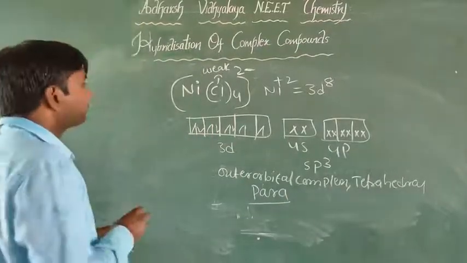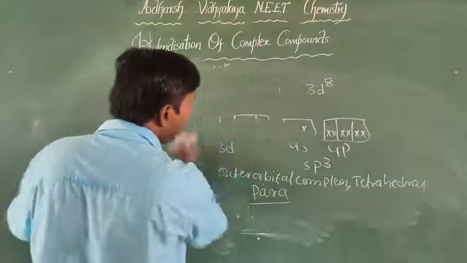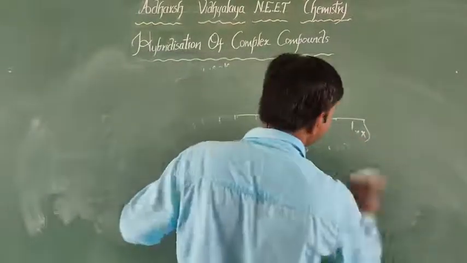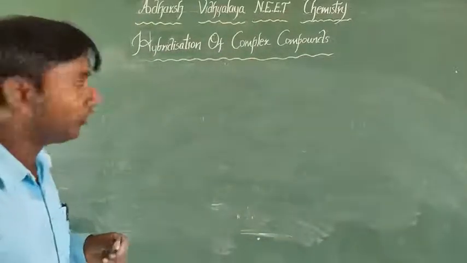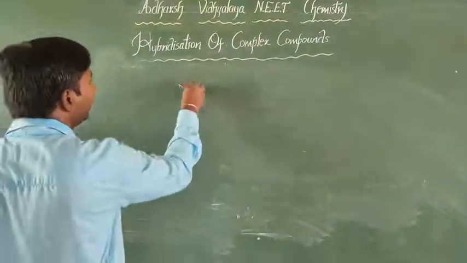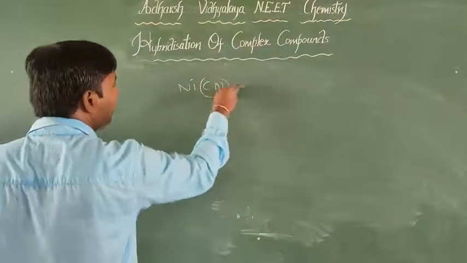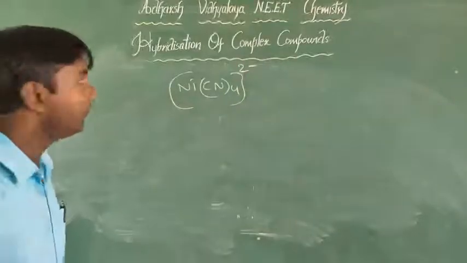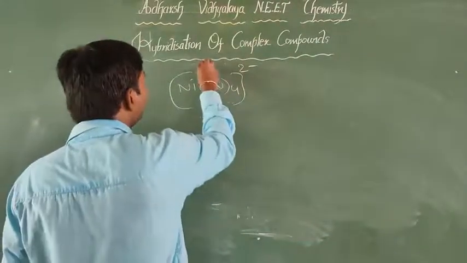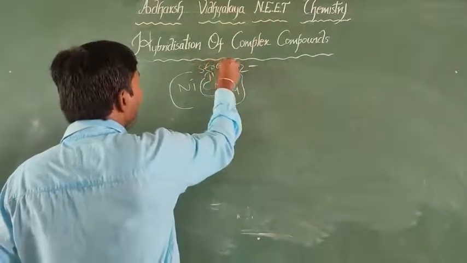Next one, Ni(CN)4 2 minus. Here also cyanide is a strong field ligand.